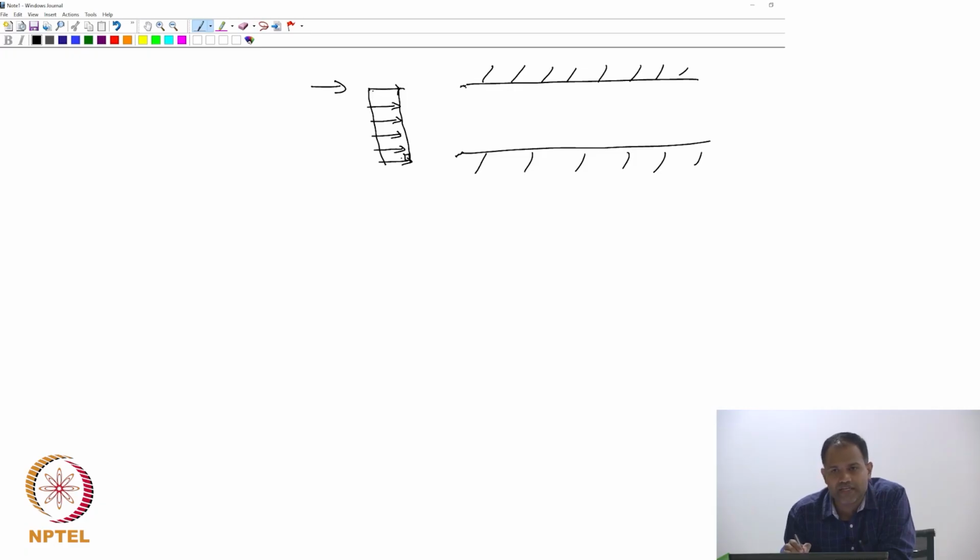So if I take a little bit ahead in this channel, where the fluid is coming from this side, and take a point there, what velocity would this point have? Would it be the same as the velocity with which it came, or would it be smaller? So if I take this point and this point, the velocity profile would look something like that.